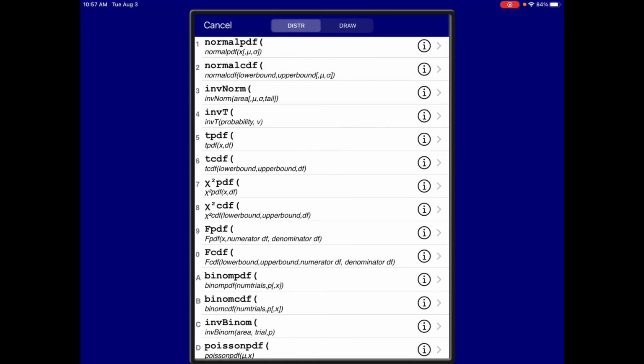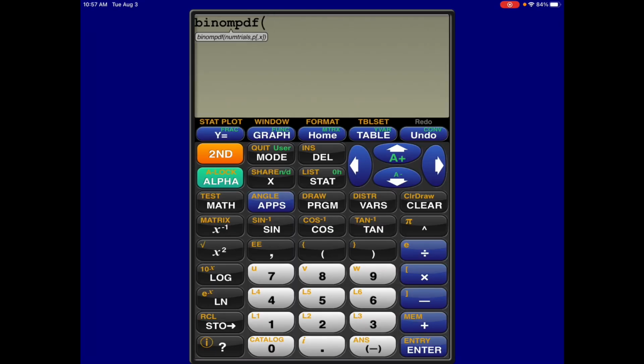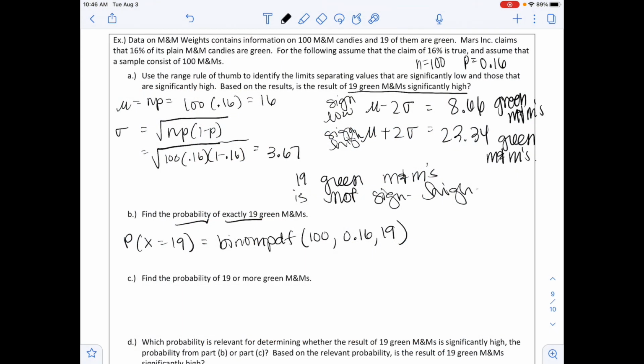On the calculator, you're going to go to second, vars, go down to binompdf, and our value of N is 100, probability of success is 0.16, and then our X value here is equal to 19 green M&Ms. Select enter and we will get our probability. On your calculator, you get an answer of 0.0736.